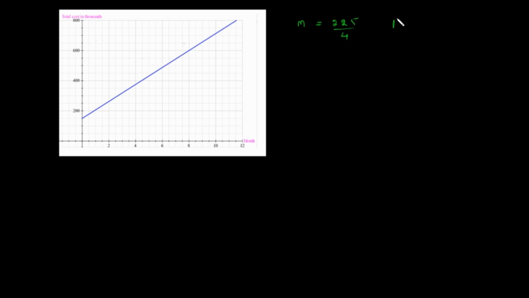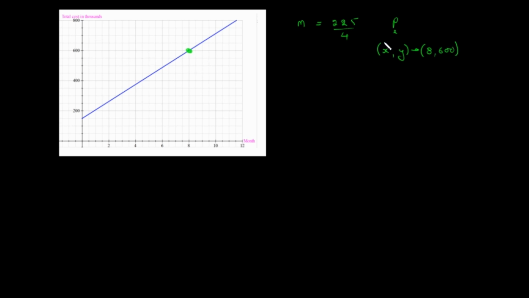A way of showing a point is you have the x first and then the y, same way as the alphabet. So the x coordinate, we are told, is 8, and the y coordinate is 600.